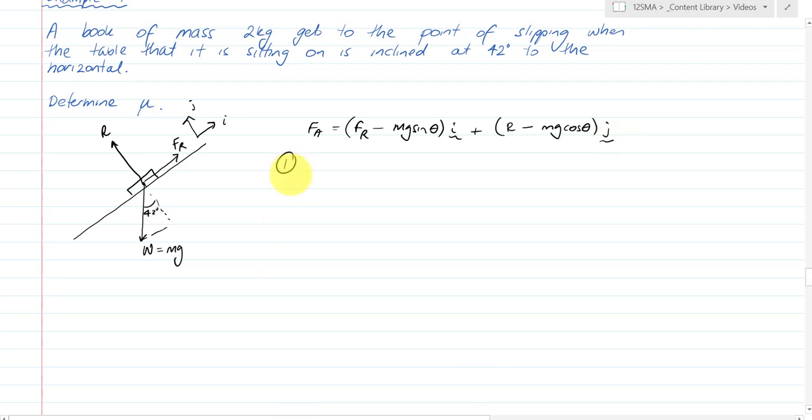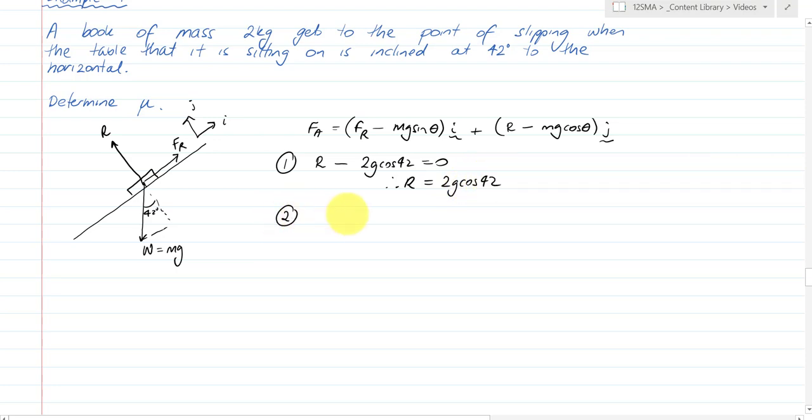So we get equation number 1: the resultant force, let's write it out in full, resultant force minus mg cos theta, which is 2g cos 42, equals 0. And therefore the normal reaction force is equal to 2g cos 42.